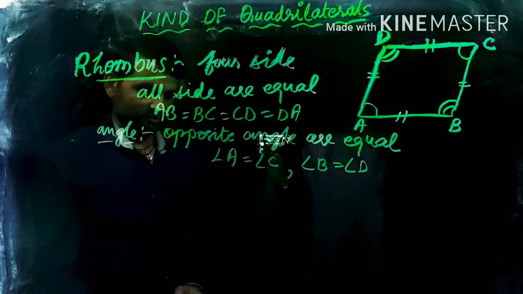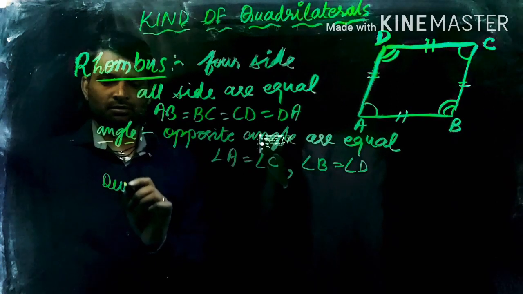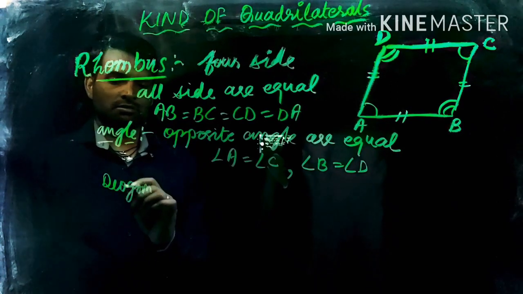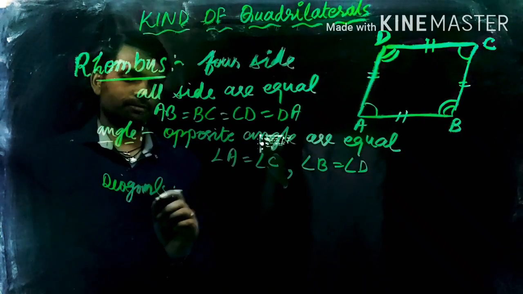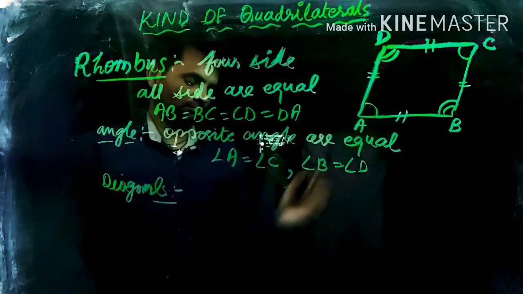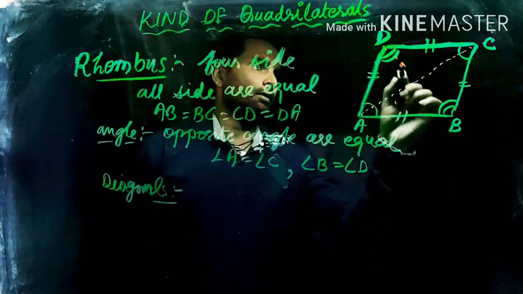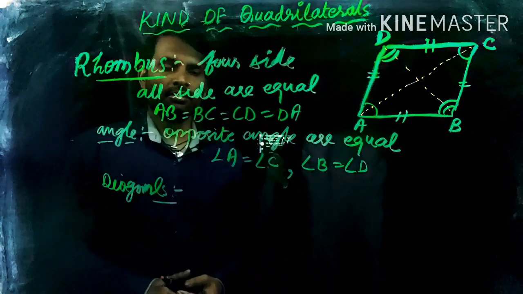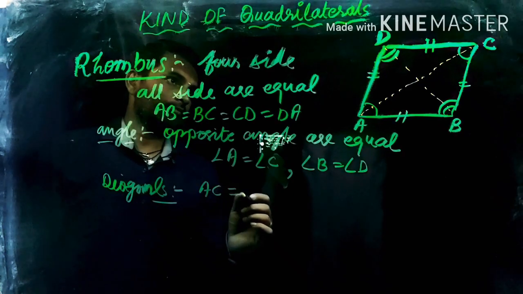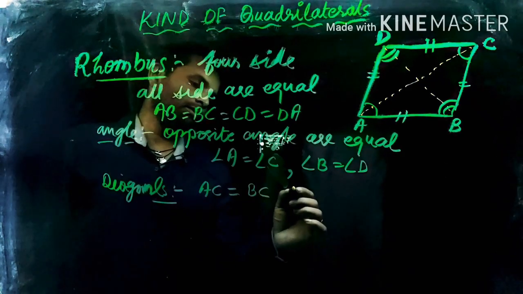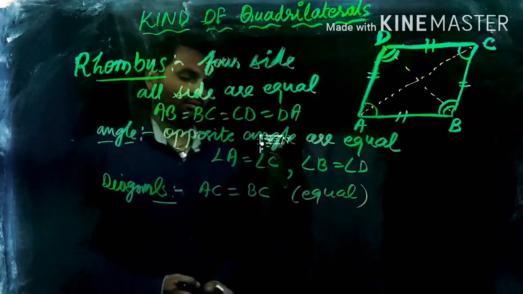And the third topic is the diagonals. Diagonals are similarly two diagonals, AC equal to BD.